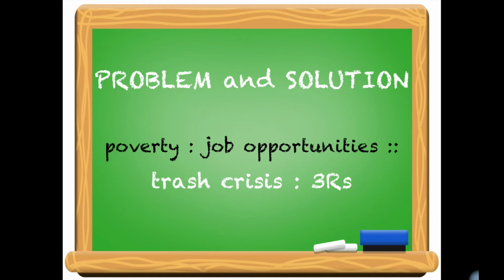Notice that the first part presents the problem, while the second part offers a possible solution. Poverty could be alleviated through providing more job opportunities, and the trash crisis could be solved by implementing reuse, reduce, recycle. Amazing! I'm sure you've learned a lot, but it isn't over yet.